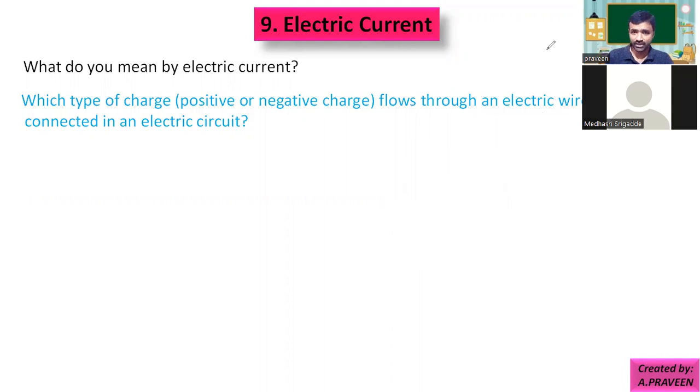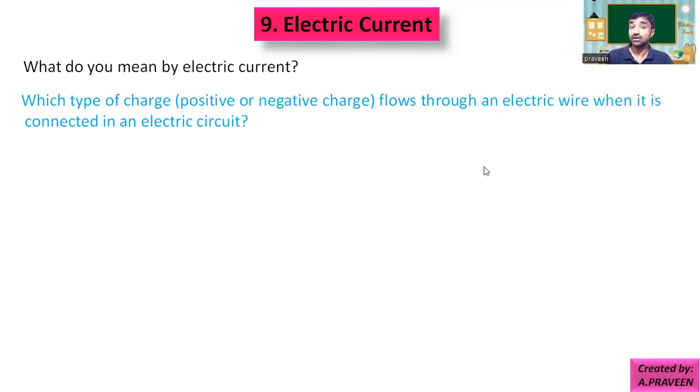Right. So they have importance. Why? Here, protons are strongly bound in the nucleus and electrons revolve in fixed paths.